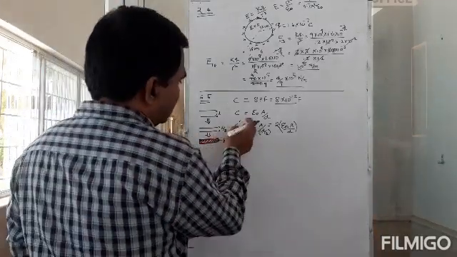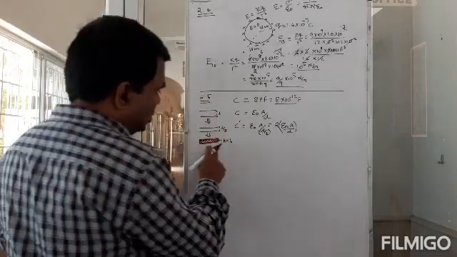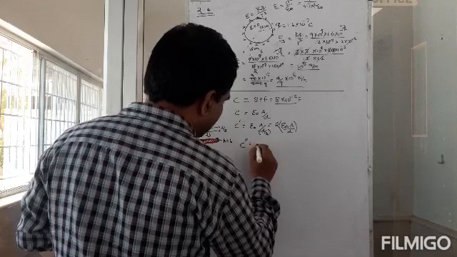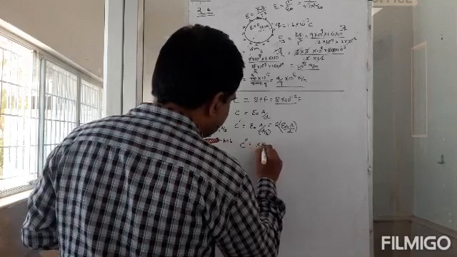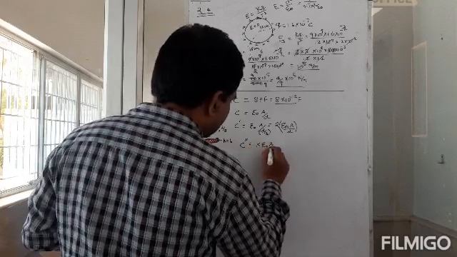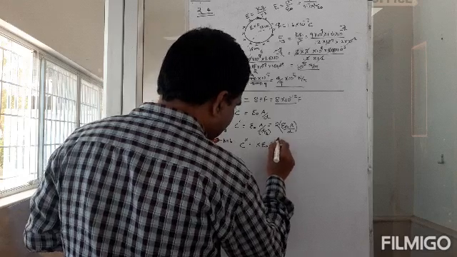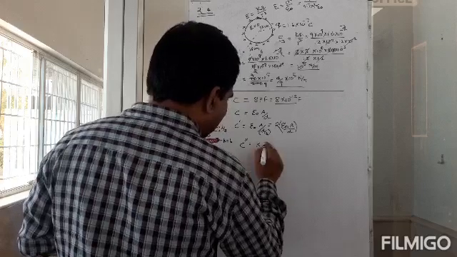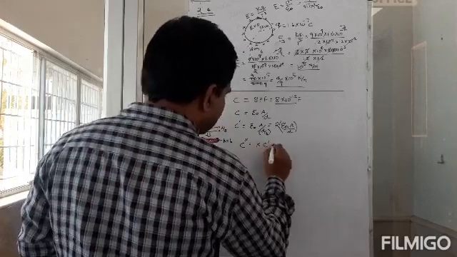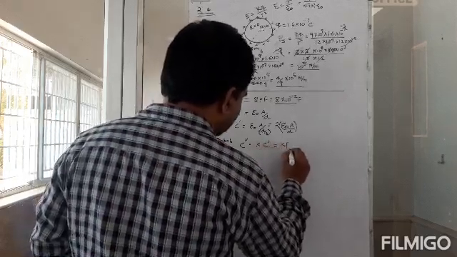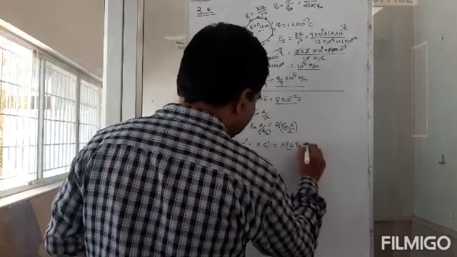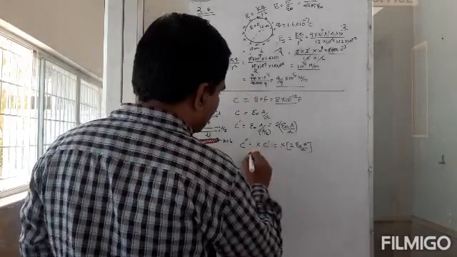So what will happen to this capacitance? We know this. Once you have this thing, then C double dash is equal to K into epsilon naught A by D, okay, it's going to be K into C dash now, which is also equal to K times 2 into epsilon naught A by D. Okay, so what is K?